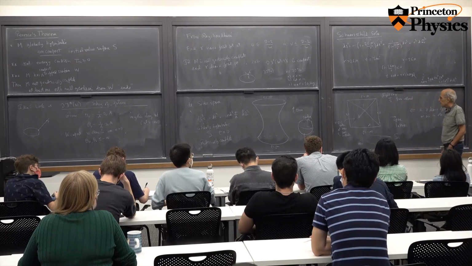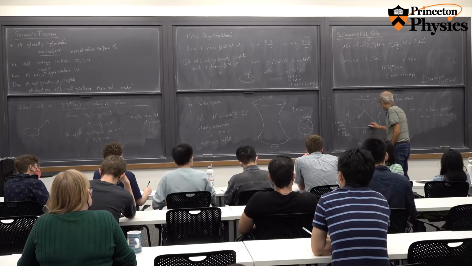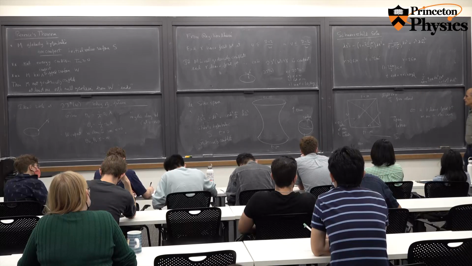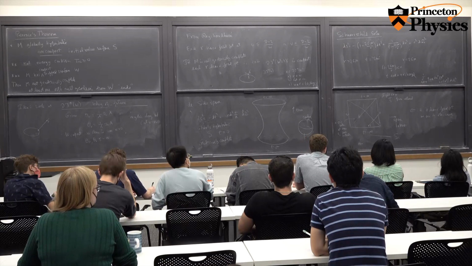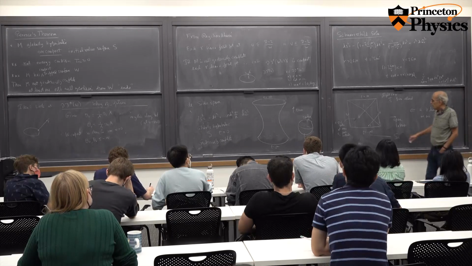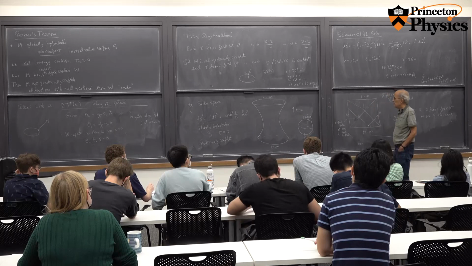So let's see what's the boundary of the future of P. Well, we look at the outgoing null rays from P. A null ray in one direction reaches the north pole at a finite time, before time equals infinity. A null ray in the other direction takes longer, but it also reaches the south pole at a finite time.